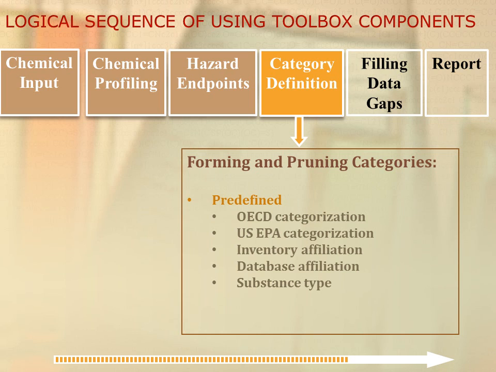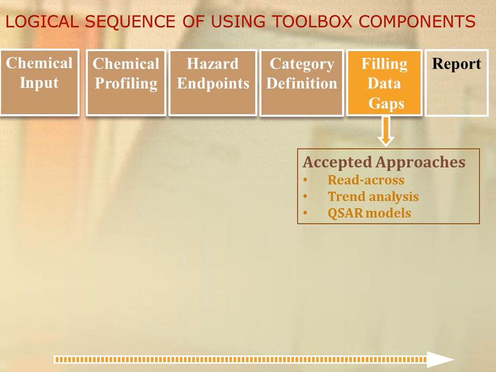Let's go on to the final part of this. Once you have a chemical category and you have some chemical members of that category that have been tested and a lot that have not been tested, the question is, how can I make a defensible estimate of the biological activity for the untested chemicals?